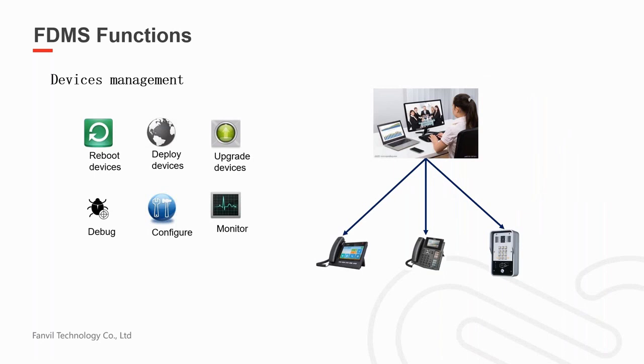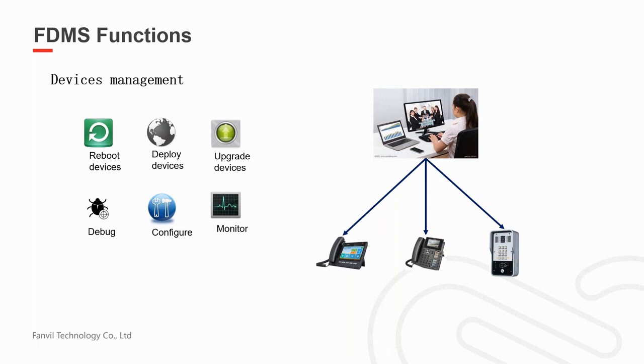For device management, we can do these functions. For example, we can access devices remotely via the FDMS server. We can also deploy the devices with configuration, for example, the SIP settings, the network settings, and the phone features, remotely just via the FDMS graphic UI.